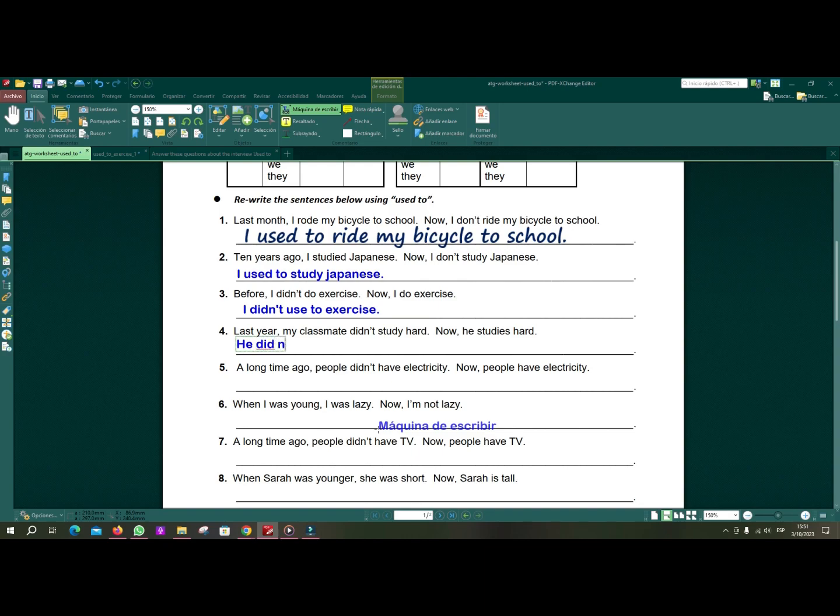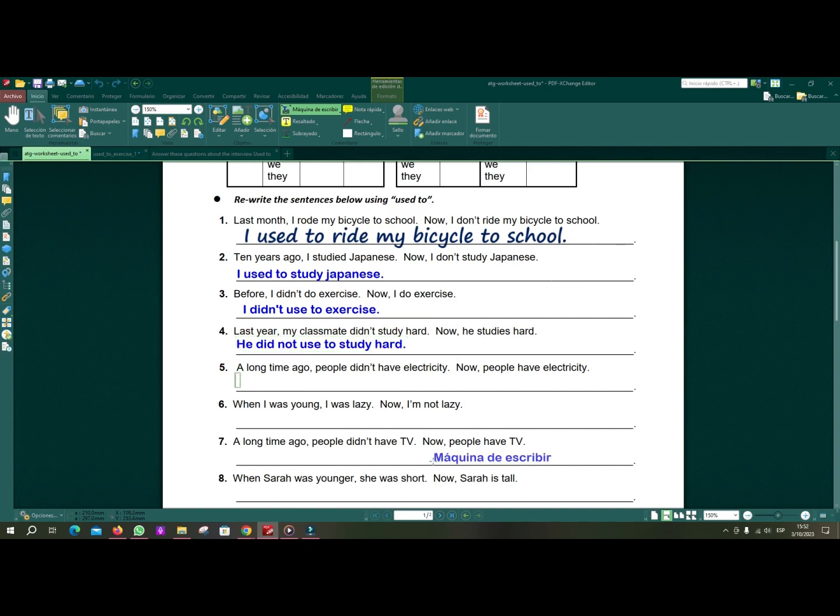Did not what? Didn't used to study hard. Excellent. That's great. So he did not used to study hard. Or here you can use my classmate. That is also correct, right? So last year my classmate didn't study hard. Now he studies hard.